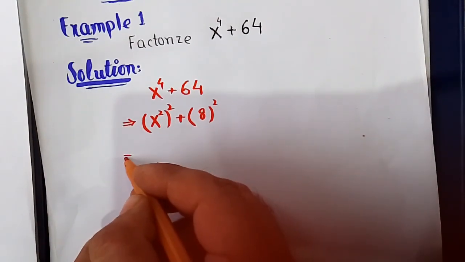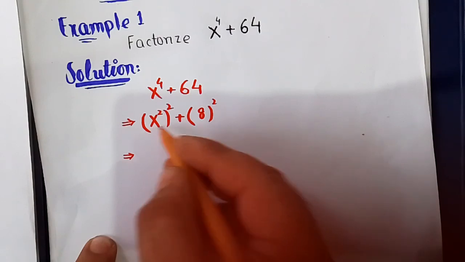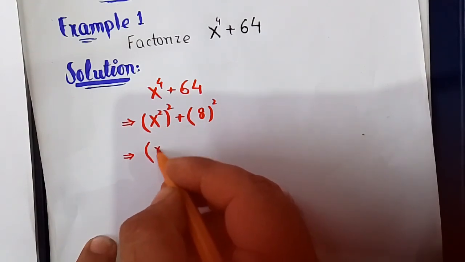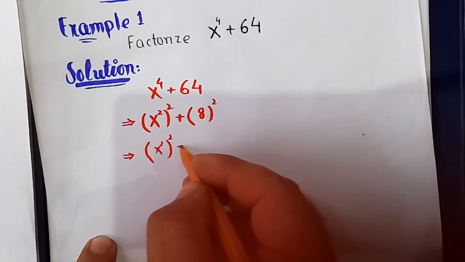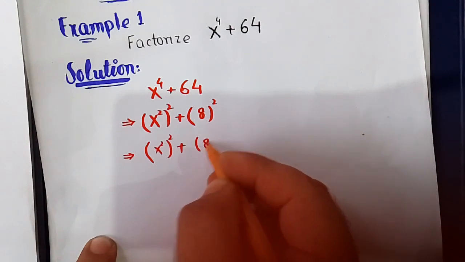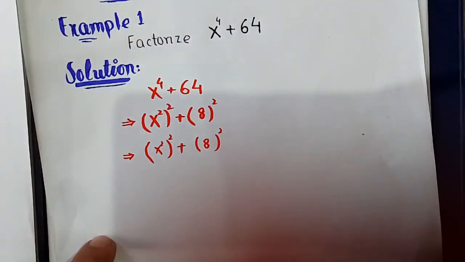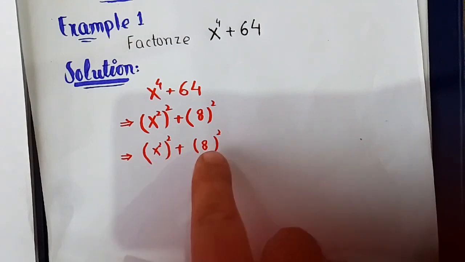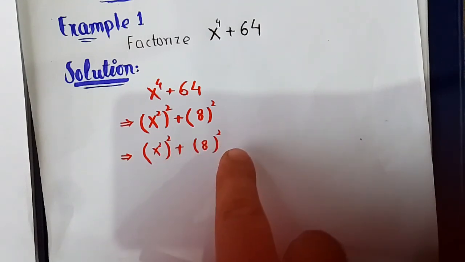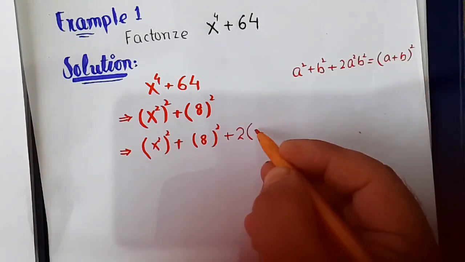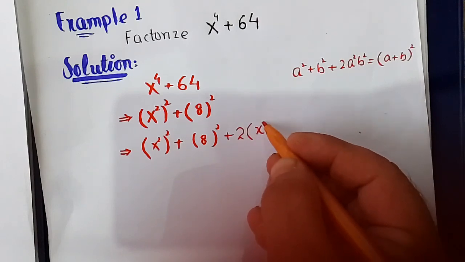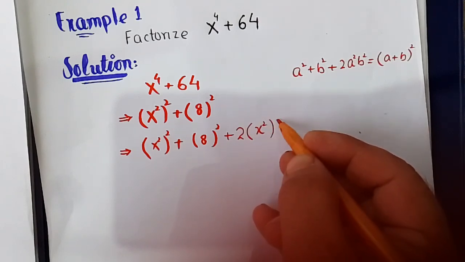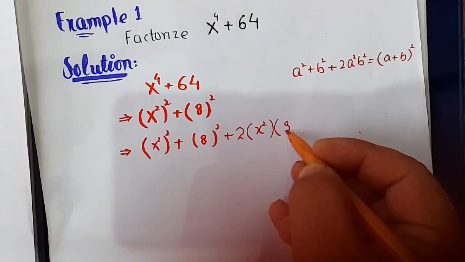Similarly, I will write x square whole square plus 8 square, and after that I will think of a number to add here to make these two squares a perfect square. 2 into first, that means x square, into second, which is 8.